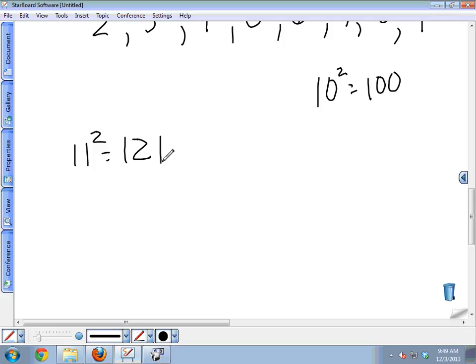Is that a difference? Is the first one a perfect square? The second one a perfect square? Are they both perfect squares? I know how to factor this, right? That's what you're going to do, because these are going to be easy, right? 12 squared is 144. Everybody know what 13 squared is? 169.